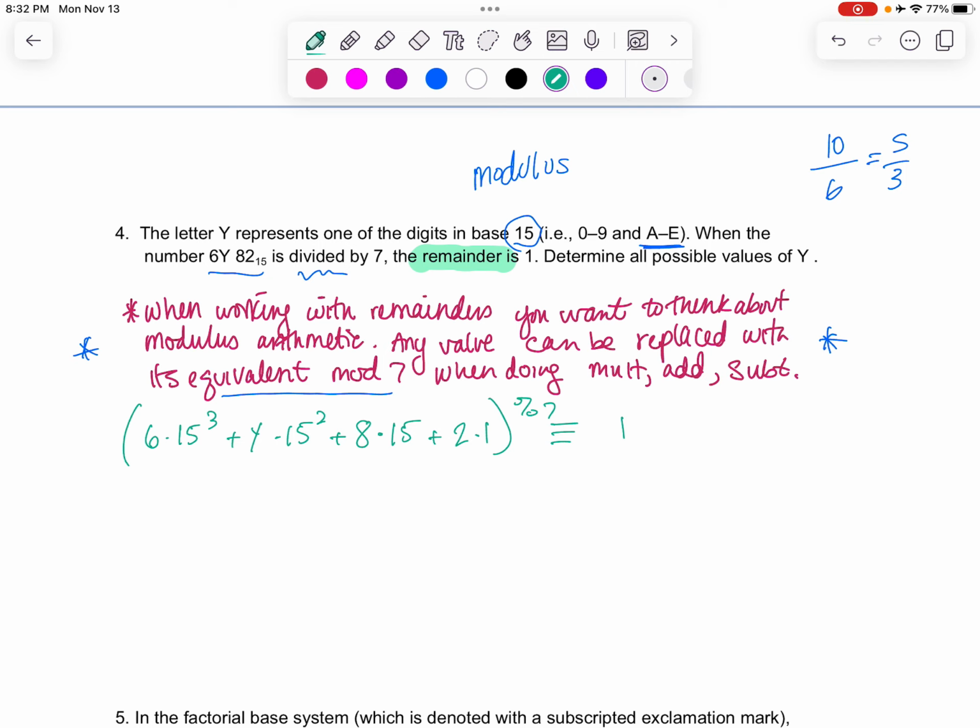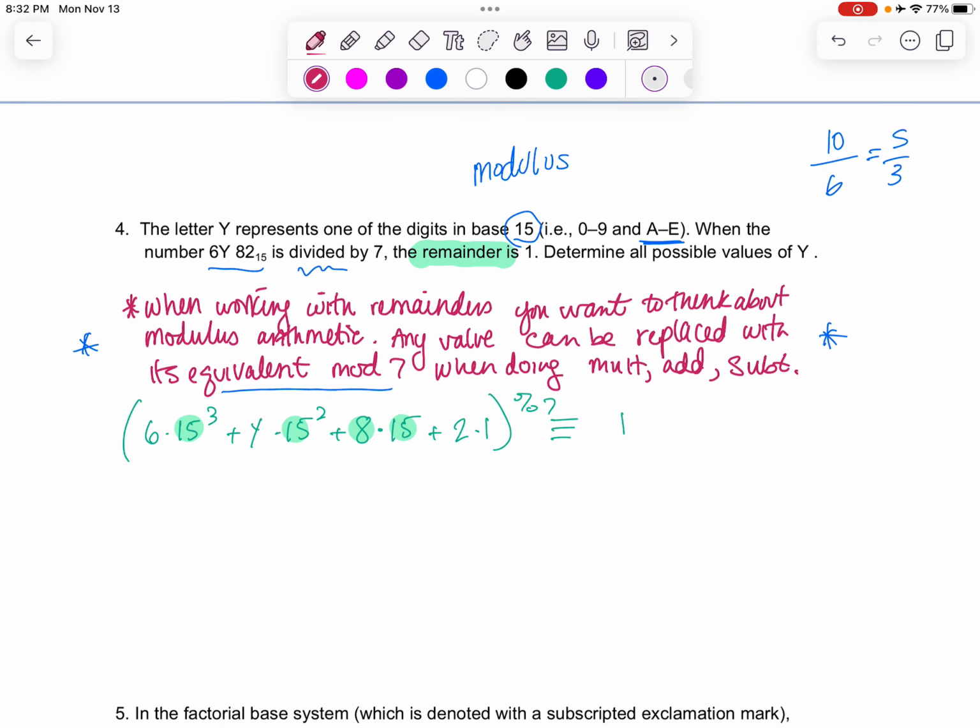Any number that is smaller than 7 is the same value when you mod 7. So we only need to seek out values that are 7 or greater. We've got the 15, and then we have the 8. Those are the values in my problem that are 7 or greater.